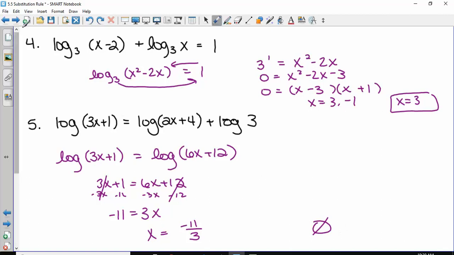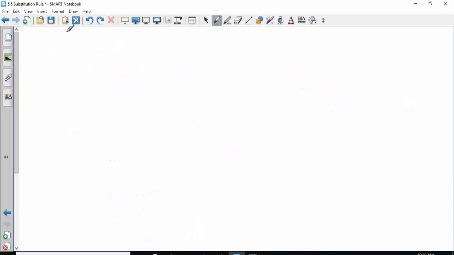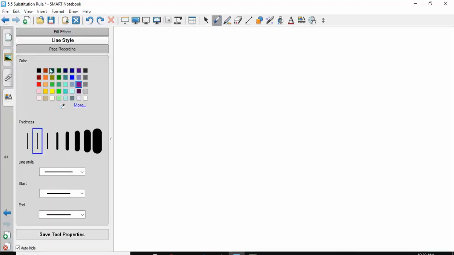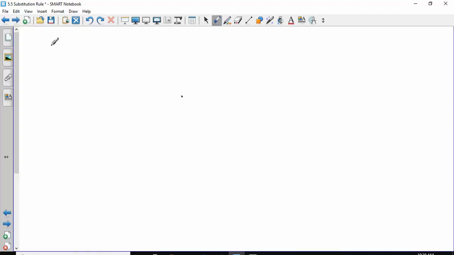All right. Let's practice a few more. So we just reviewed that there are basically only 2 types of log problems: either a log on one side or logs on both sides. Exponentials. Let's say I gave you this.